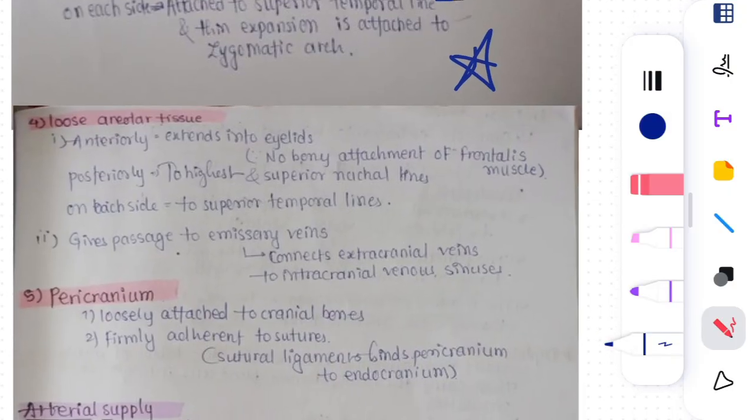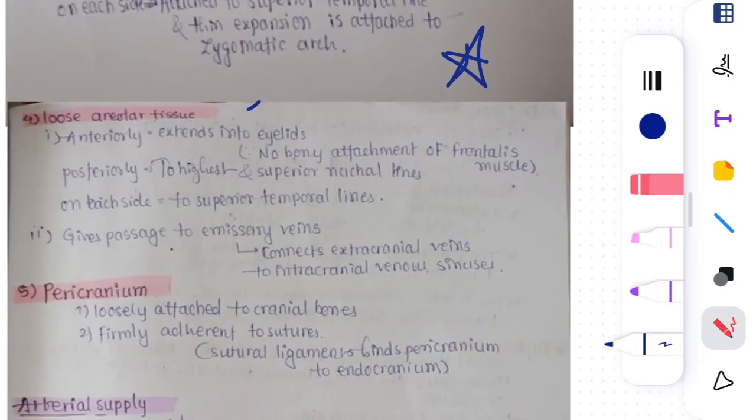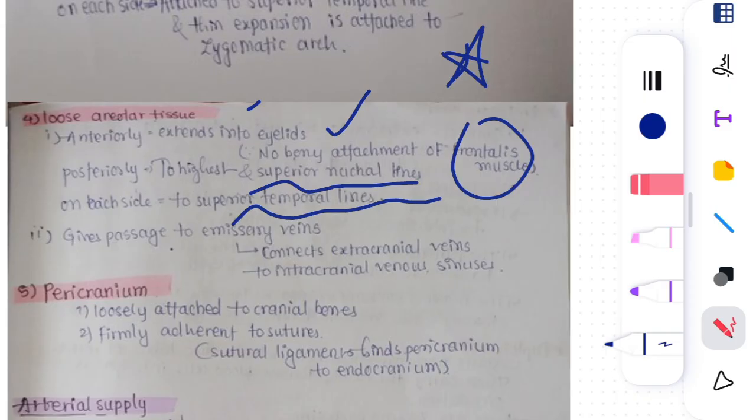Next, fourth layer, loose areolar tissue. Anteriorly, it extends into eyelids, no bony attachment to frontalis muscles, and posteriorly to highest and superior nuchal lines, on each side temporal lines, and gives passage for emissary veins.